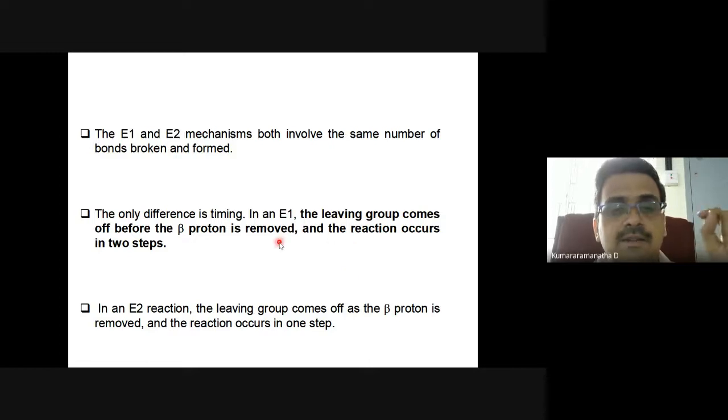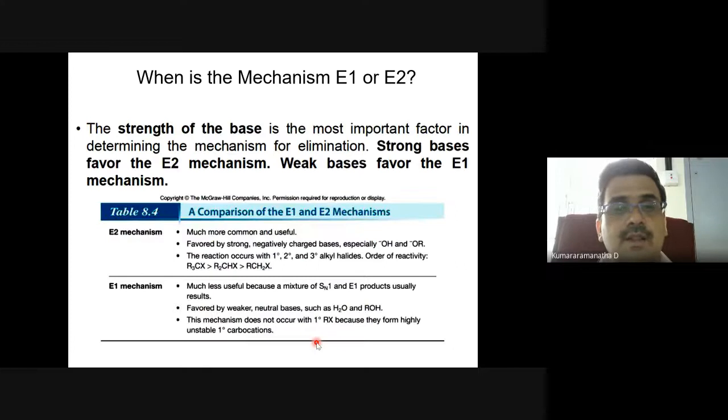One point is, especially in E1 reaction, the leaving group comes off before the beta proton is removed, and then the reaction goes in two steps as compared to E2 reaction. Okay? And here it is one step.